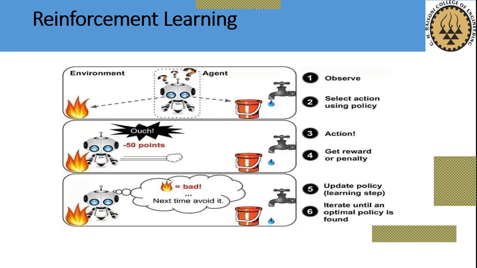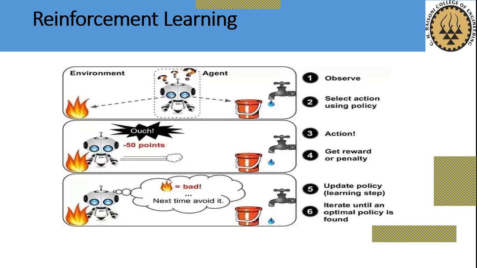So next time, whenever he wants to take an action, he first finds out if there is fire or water. When he finds out there is water or fire, he has to take the proper decision because he already has the previous experience or knowledge.